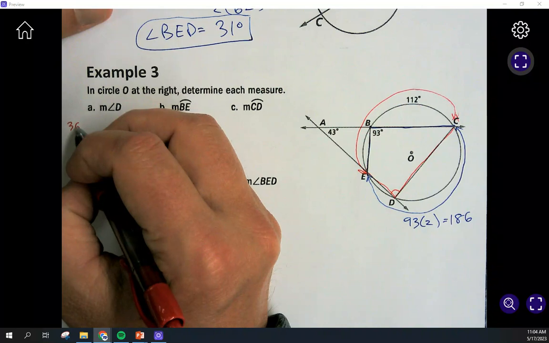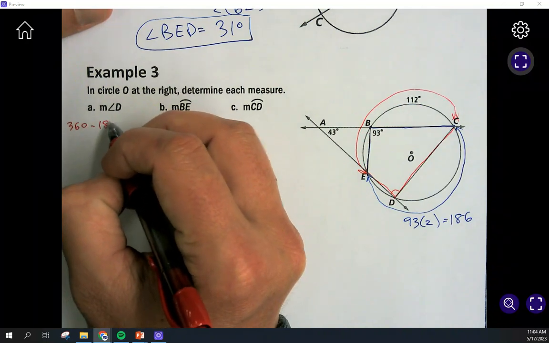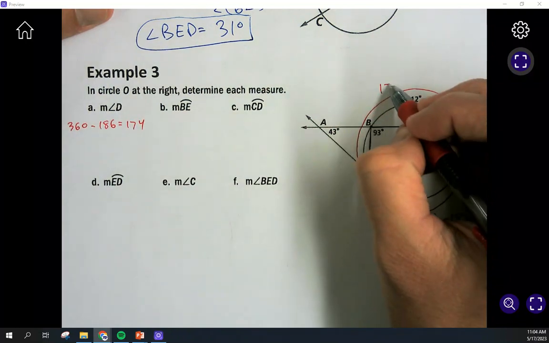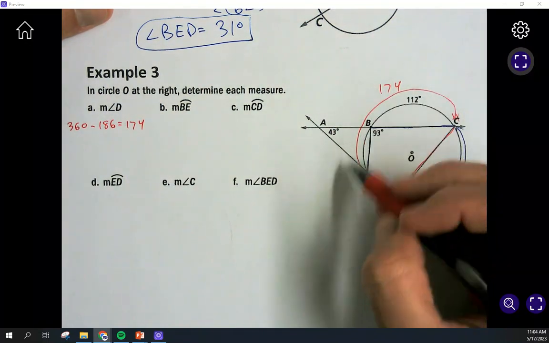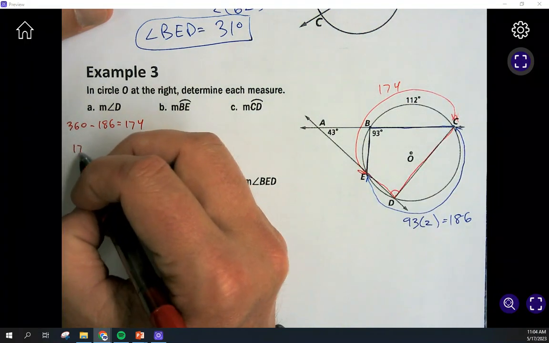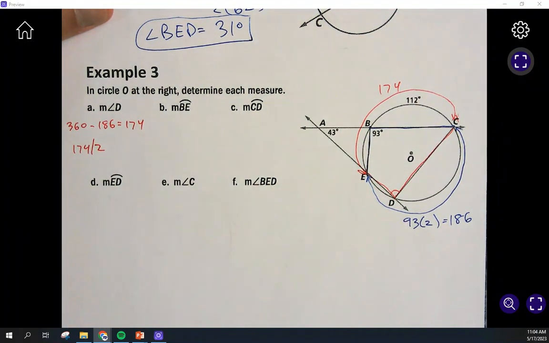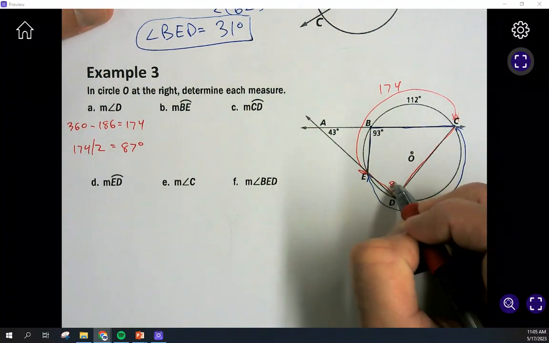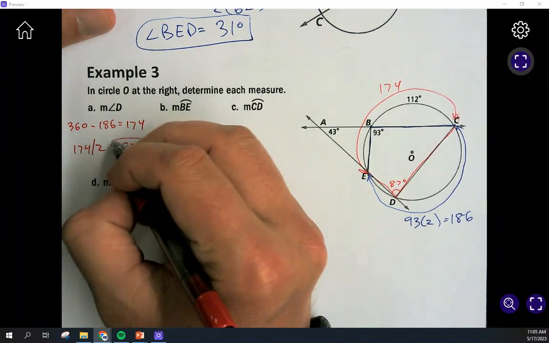So I'm just going to do 360 minus 186. That's 174. So this arc out here is 174, and the angle is half the size of the arc. So you do 174 divided by 2, and it's 87 degrees.